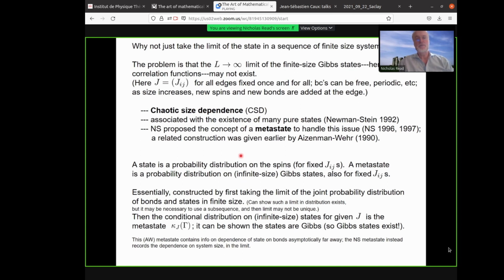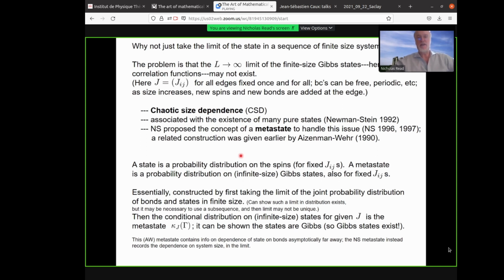The underlying idea is that if we use the joint distribution of spins and bonds, this may be better behaved than if we fixed all the bonds and then just looked at a limit of the state. So we take this joint distribution in the limit, and then we condition on the J's afterwards. That gives us the metastate.